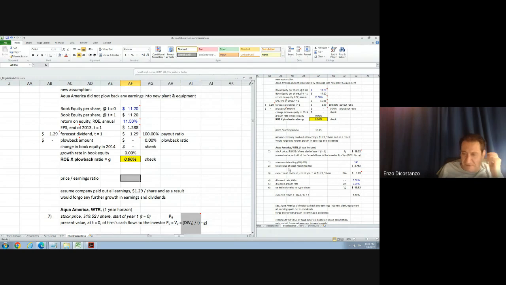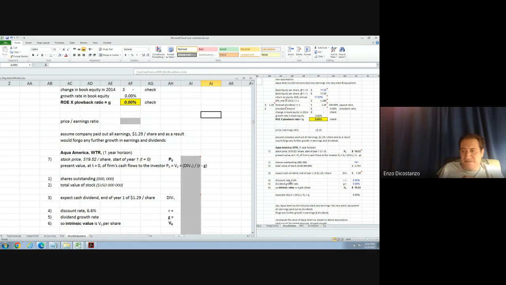We don't have this yet, but let's scroll down here. It says assume the company paid out earnings at 129, would forego any future growth in earnings and dividends. And once again, you're at 141 million shares. Discount rate 6.60 here.